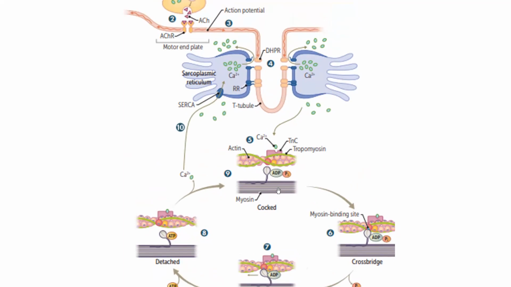But before that occurs, the myosin head actually hydrolyzes the connected ATP. The ATP, when it's hydrolyzed, turns into ADP and phosphate. And now, since the myosin head has ADP and phosphate attached, this is called the cocked structure, which is absolutely ready to attach to actin once its binding sites become free, yeah?